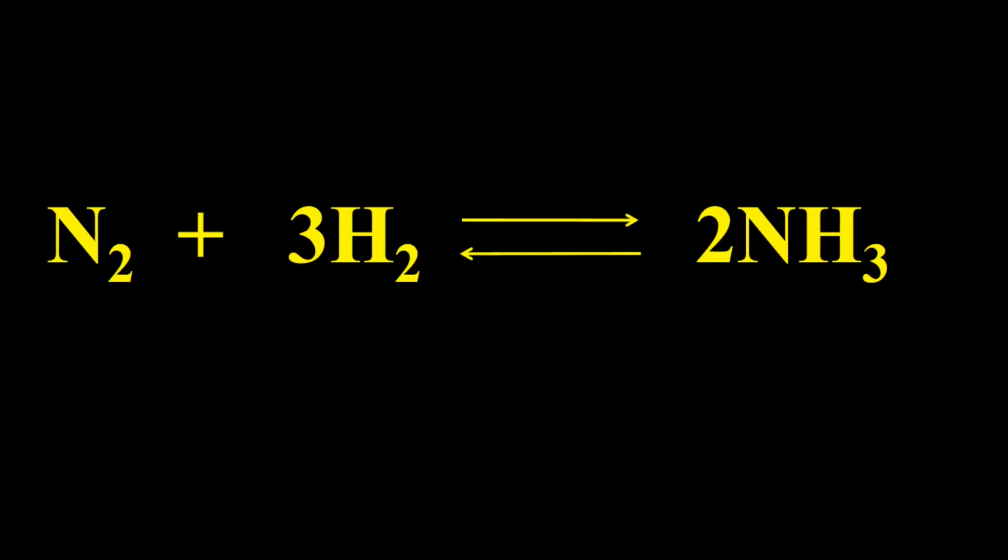A chemical reaction can be reversed under suitable conditions. Just for example, we can take a very easy one. Nitrogen combines with hydrogen to form ammonia. And this ammonia again decomposes. We can decompose ammonia into nitrogen and hydrogen gas. Under certain conditions, we can reverse the chemical reaction.